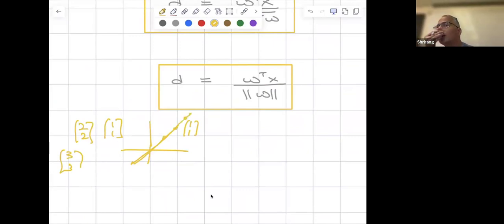So now if I use W equal to (3, 3), my W transpose X is a different number than if I use W equal to (1, 1), which is a different number from if I use W equal to (1/root 2, 1/root 2).